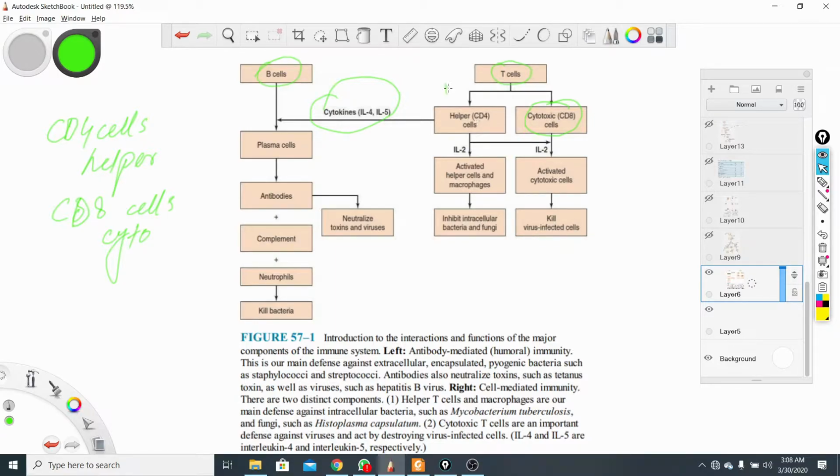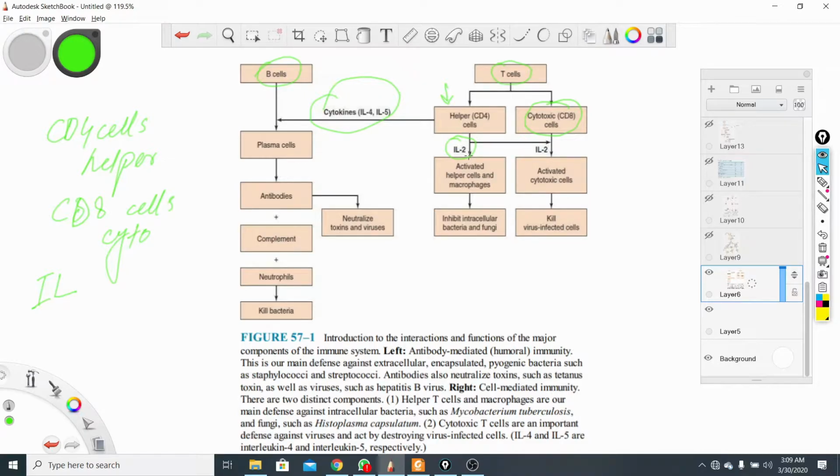On the other hand, the helper CD4 cells produce two or three cytokines, known as interleukins, and we denote IL as interleukin. These are the messengers of the immune system, and different cells transfer their messages to other cells by the cytokines, which either activate or deactivate the cells.